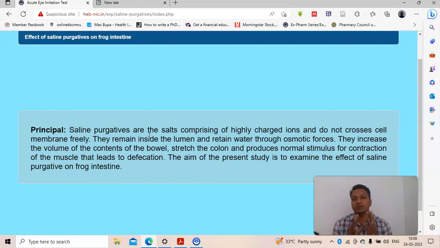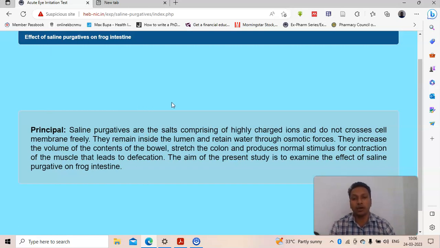So they increase the volume inside the bowel, and it stretches the colon and produces the normal stimulus for the contraction of the muscle that leads to defecation. And the aim of the present study is to examine the effect of saline purgatives in the frog intestine. So this is the principle.